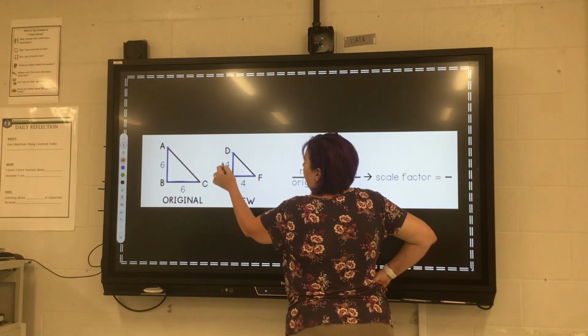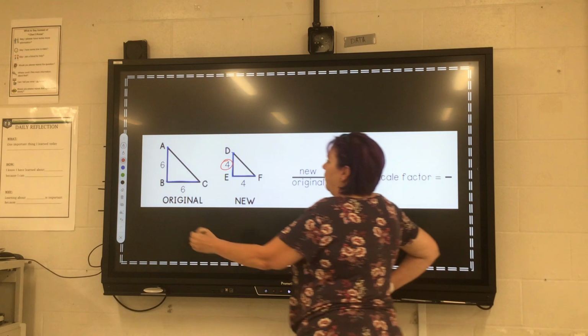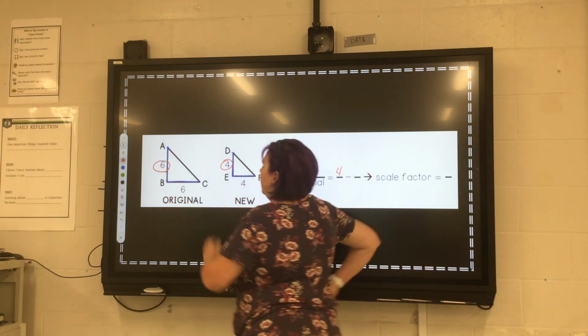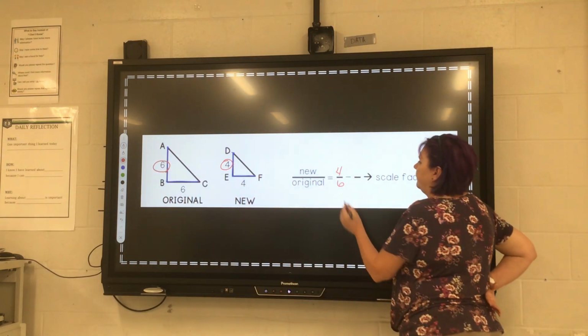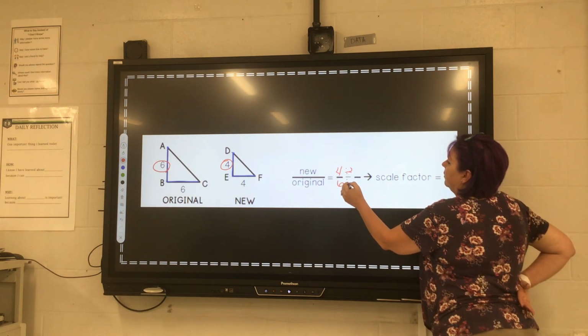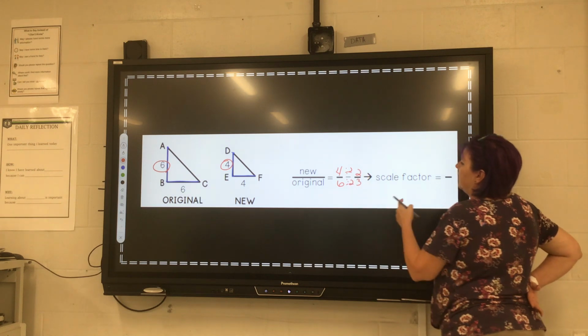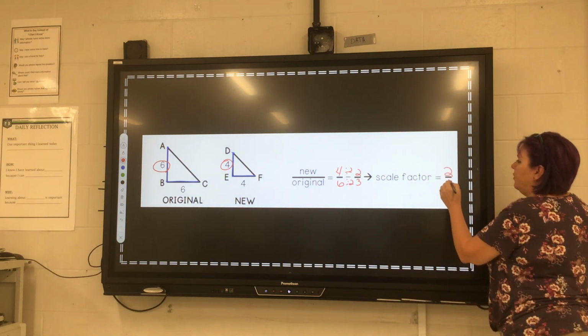We're going to pick a side. We can pick this side. Our new is 4. Our original, same spot, is going to be 6. We can reduce that by 2, and we get 2/3. So our scale factor is 2/3.